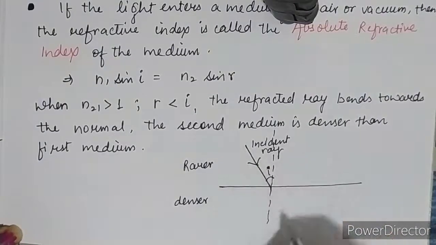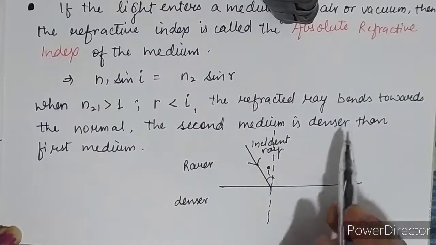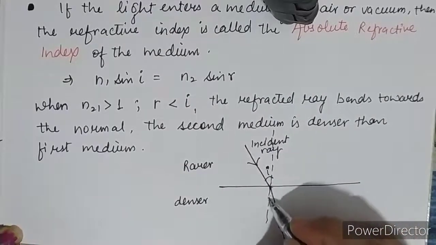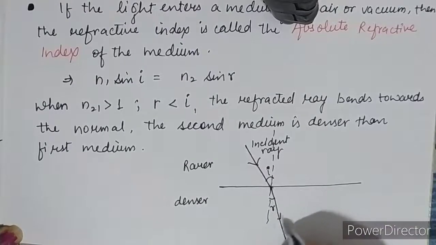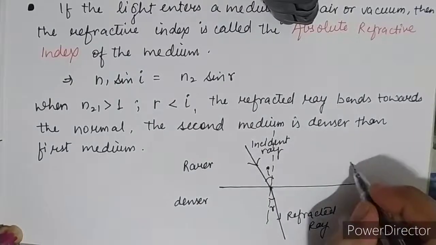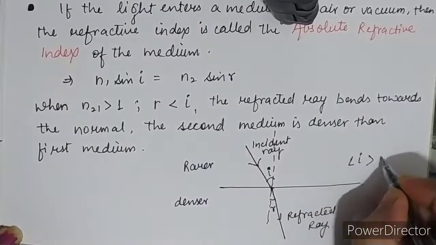So after refraction it will always be bent towards the normal. This is your angle R. This is your refracted ray. So in this, angle I is greater than angle R.